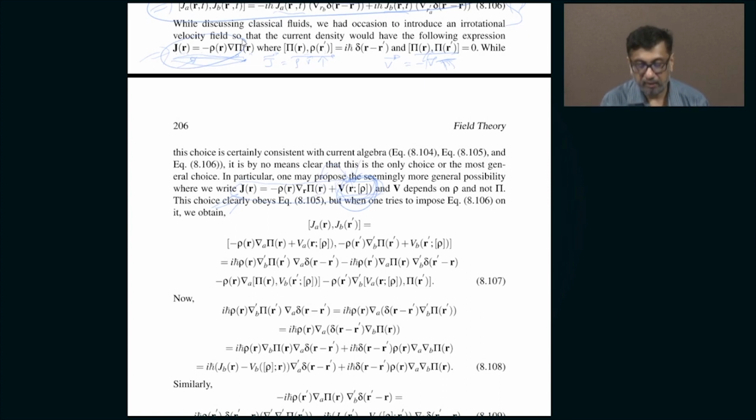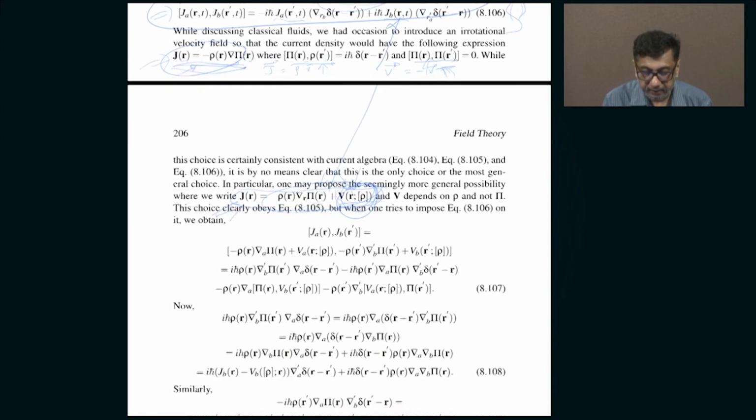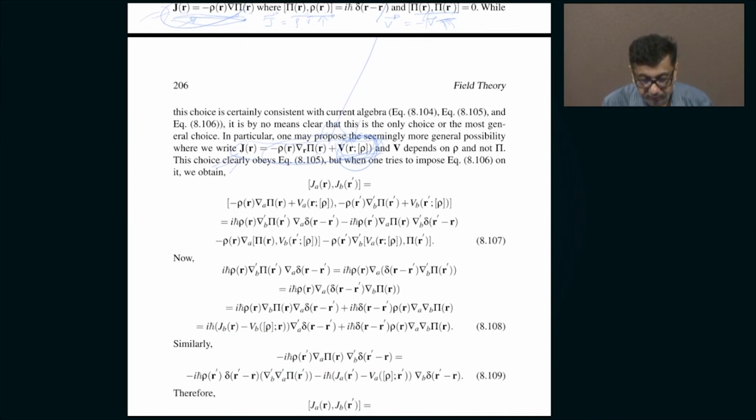Okay, so that means that the simpler formula is in fact the most general one. So, how do you prove that? What you do is you insert this supposedly more general formula into the third commutator of the current algebra, and then it is a lot of work, just tedious algebra.